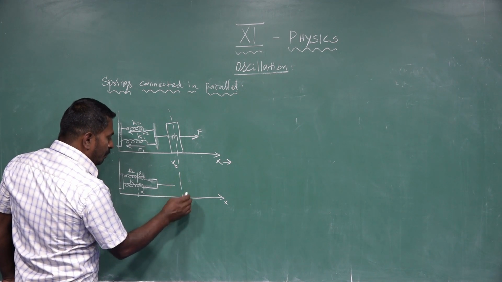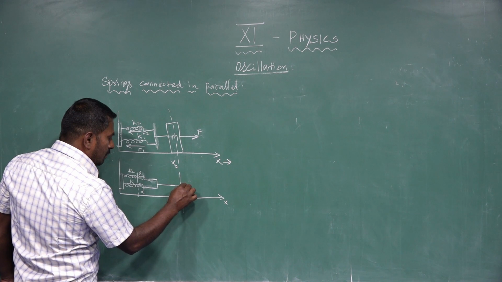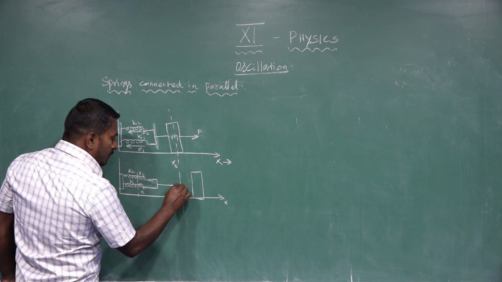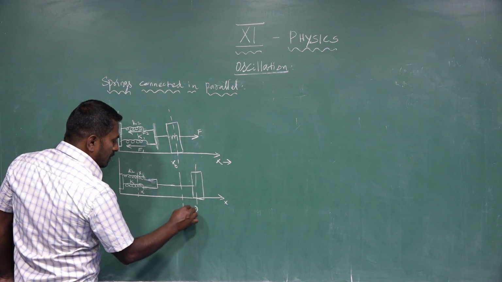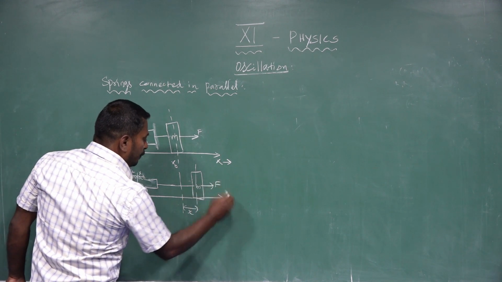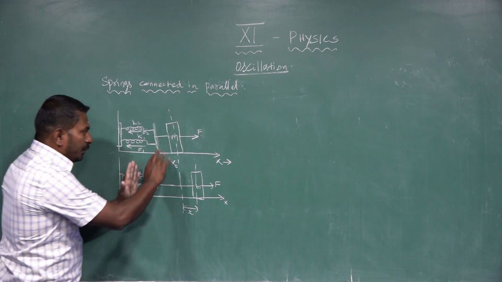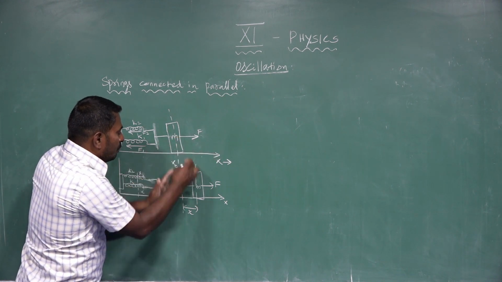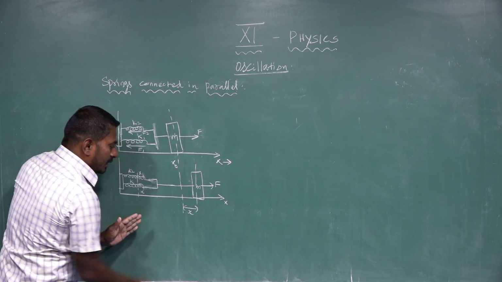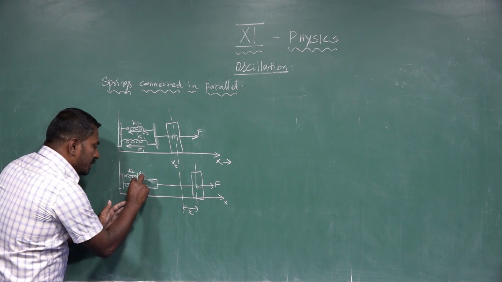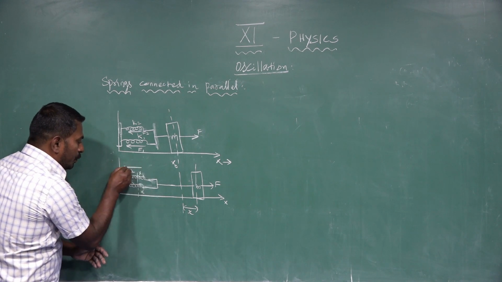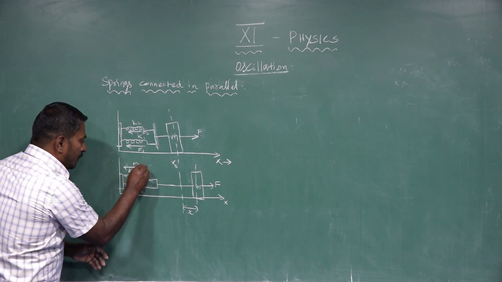Then the load of mass M is shifted through a small displacement x towards the x-axis after application of force F. So after application of force, the block of mass M is shifted through a distance x towards the x-axis, while in both springs elongation is produced with the same elongation x, but the restoring force developed in the first spring is F1, and the restoring force developed in the second spring is F2.